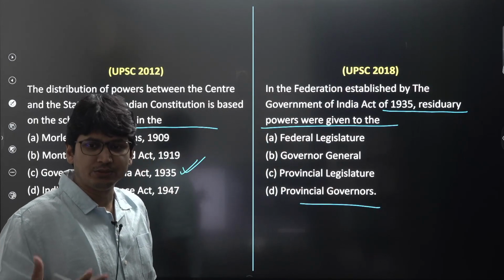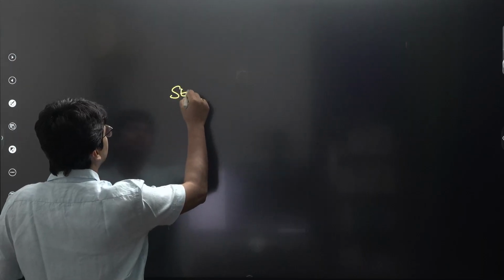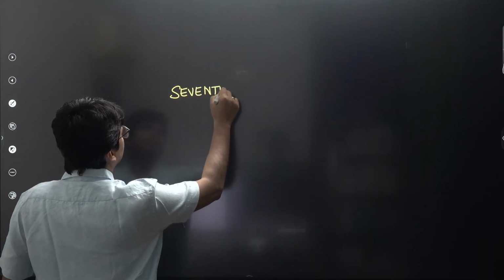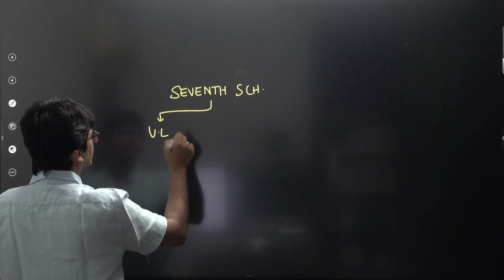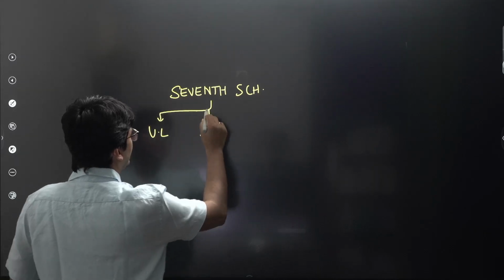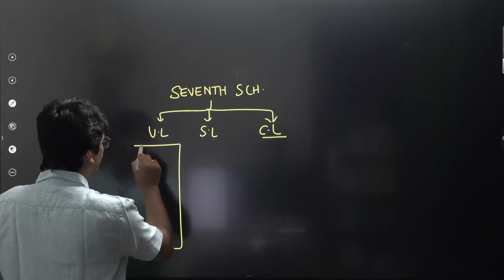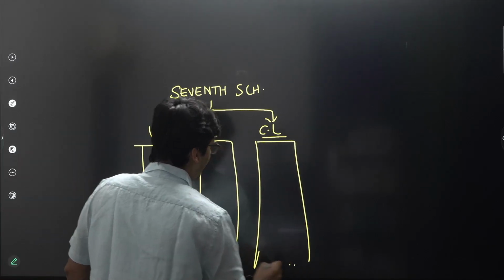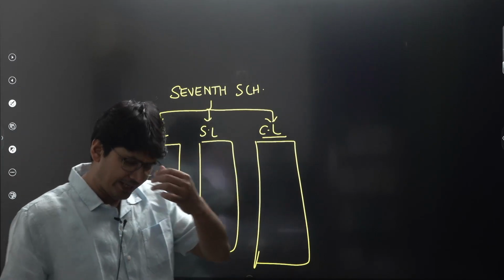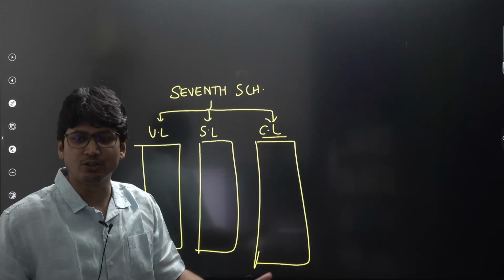See, residuary power means whatever power is there in the 7th schedule, powers are like union list, state list and concurrent list. In this many entries are provided, in this many entries are provided, and in this many entries are provided. It's also possible that there are some issues which could not be thought of, which could not be envisaged while drafting the constitution.